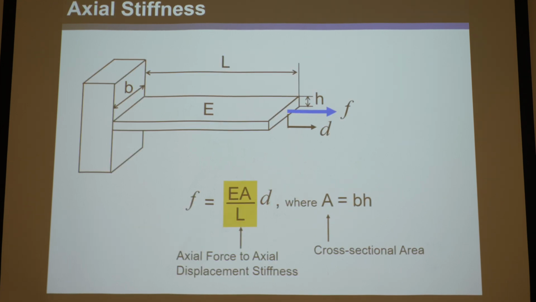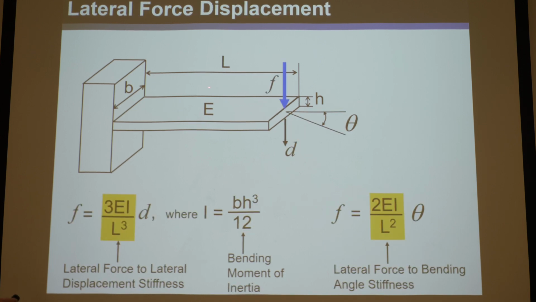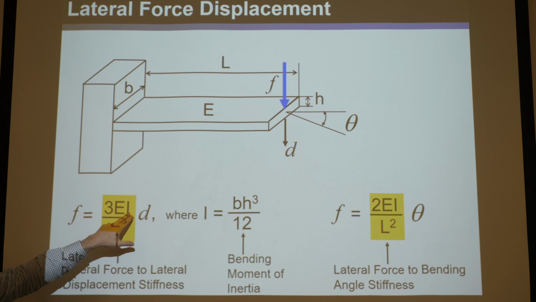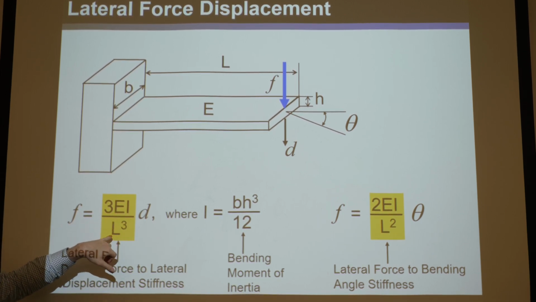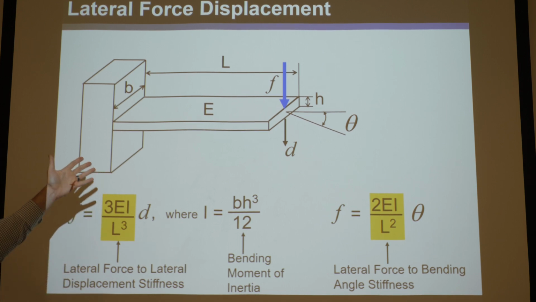Less easy to prove and beyond the scope of this course, but it's in classic beam bending classes that study beam bending elastomechanics, is that if you now take this beam, this rectangular prism, and you load it with a force tangential in the bending direction, and it displaces d, you can relate the bending stiffness that relates force to displacement, it is 3 times the modulus times the area moment of inertia, divided by the length of the beam cubed, where the area moment of inertia is b h cubed divided by 12, where h and b are defined there.